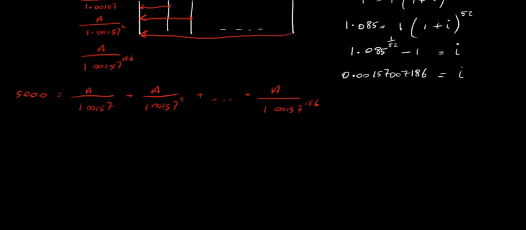Actually, just to make it a little bit easier, I'm going to factorize out the A. So you factorize out the A here, you'll end up with A times (1 over 1.00157 plus 1 over 1.00157 to the power of 2 plus, and so on).